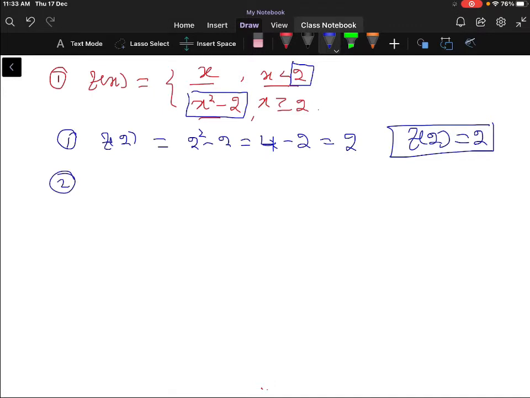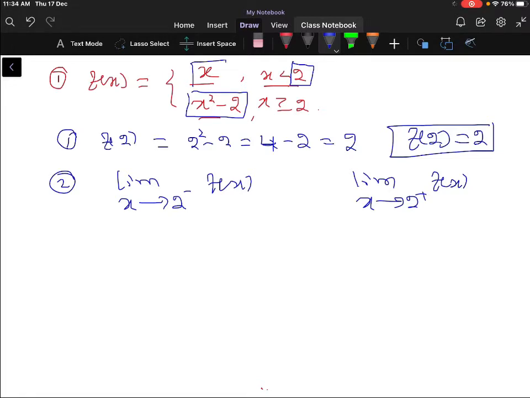Second condition, you have to verify whether the limit exists or not. So now to check the limit as x tends to 2 minus of the function f of x, and limit as x tends to 2 plus. It means you have to check the left hand limit and right hand limit of the function f of x. When x approaches 2 from the left side of 2, consider the function f of x equal to x.